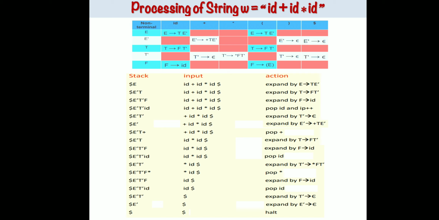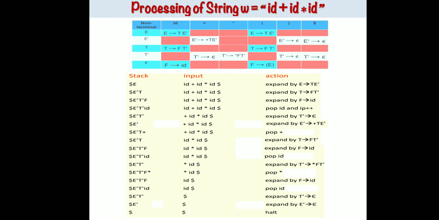Firstly we will take the productions, so we expand E by E arrow T E dash. In the stack it will always go like this: firstly we write E dash, then T. So E will be expanded by E dash T. After that, T will be replaced by, we have to get the id.